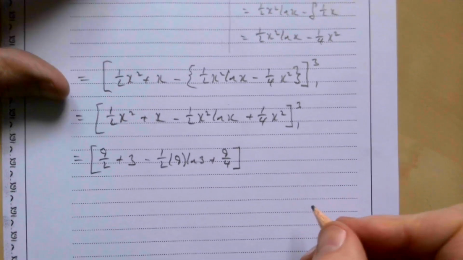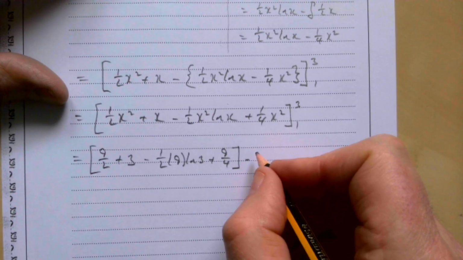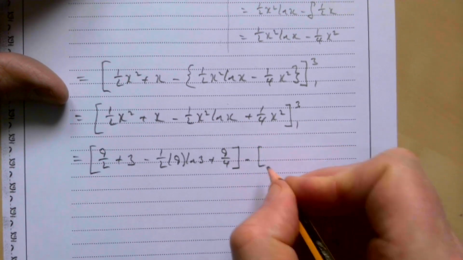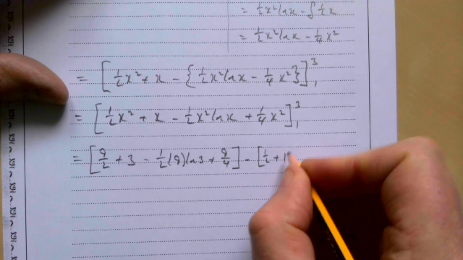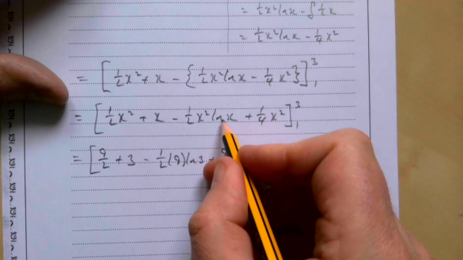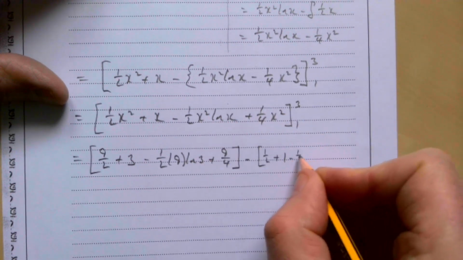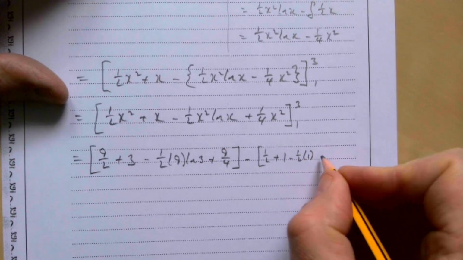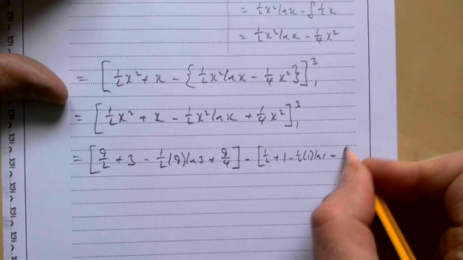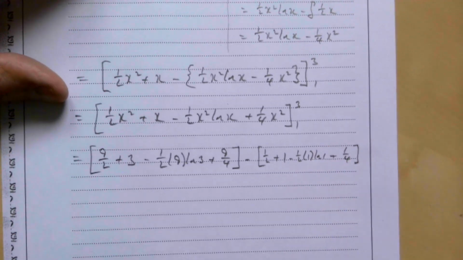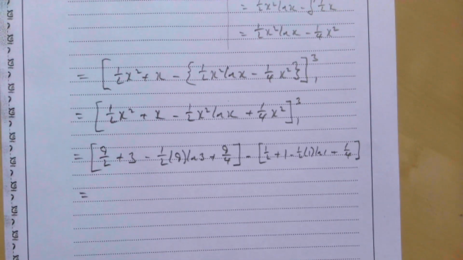If I then substitute in the 1, that gives me a half plus 1. That's going to be ln 1, which is actually just going to disappear. So it's going to be minus a half times 1 times ln 1, and then plus a quarter. And we have that. Let's see if I can start to tidy this up a little bit.